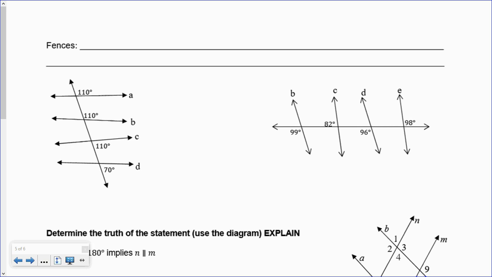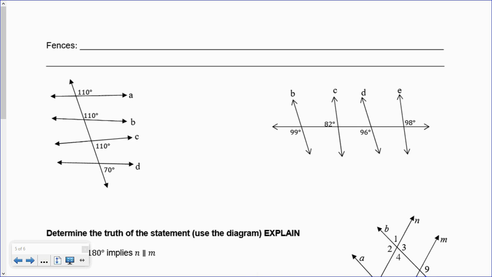Alright, everybody listen up, please. Fences are my favorite kind of diagram. I call them fences because you have a bunch of vertical or horizontal pieces and then just one going through. If you turn it on its side, it kind of looks like a fence.